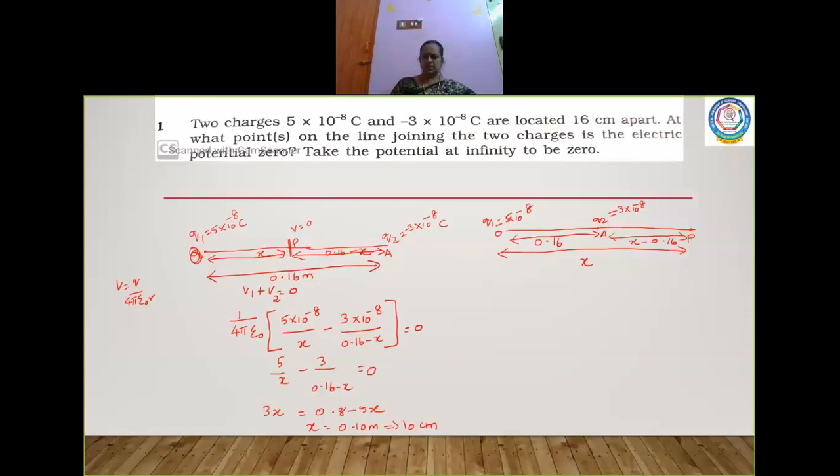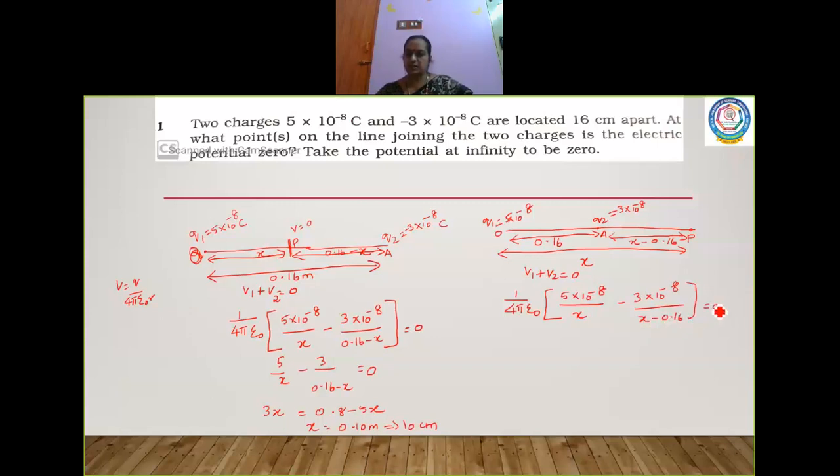Here also I will do the same procedure. In this condition also they say that V1 plus V2 equal to 0. Again I will take 1 by 4 pi epsilon naught. Here I have 5 into 10 power minus 8 divided by x, minus 3 into 10 power minus 8 divided by x minus 0.16 is equal to 0.